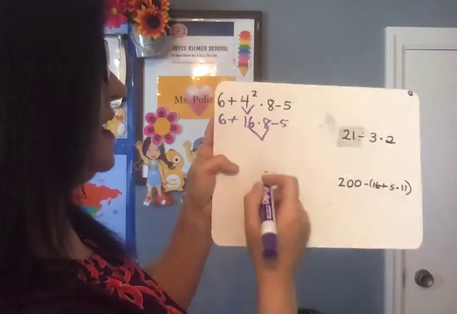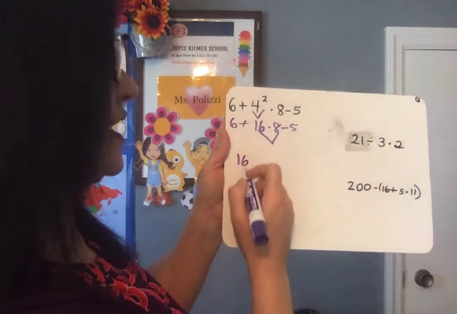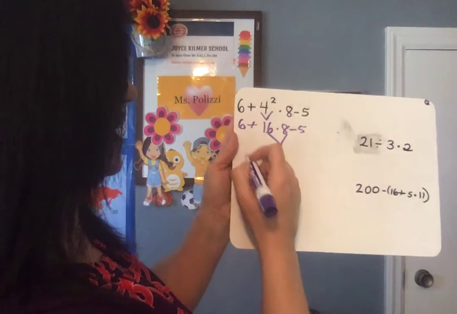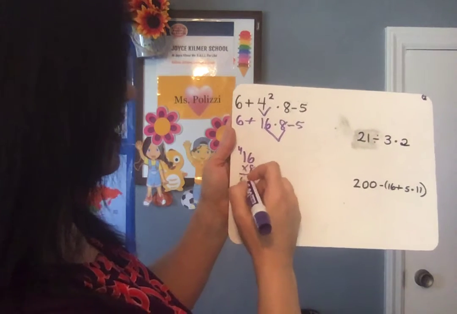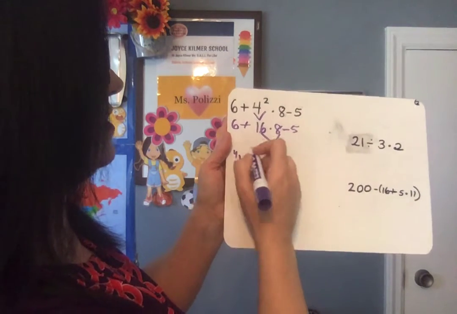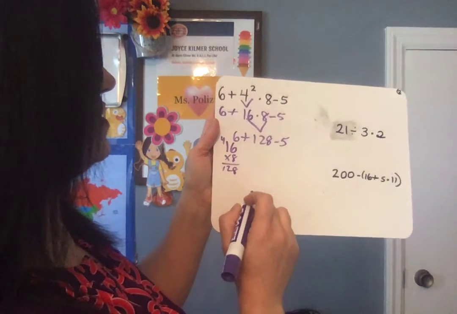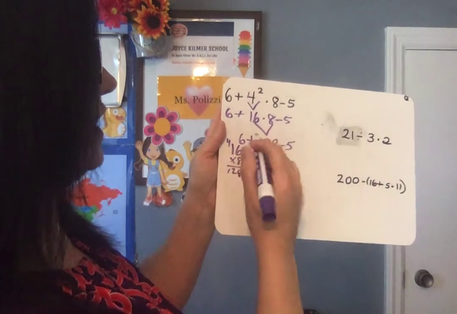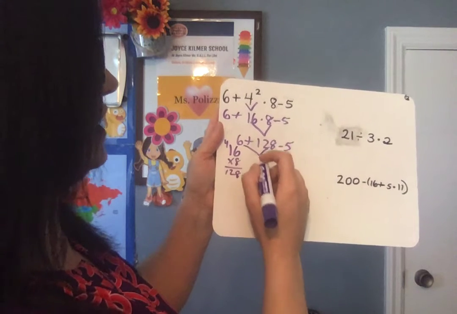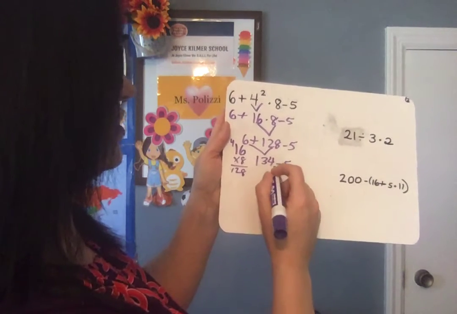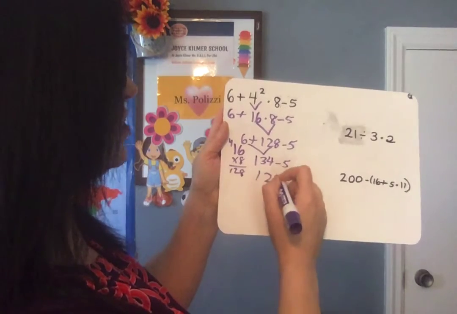Let's solve that right here. 16 times 8. We know that's 48. Bring up your 4, and that's 128. Bring everything else down. Add or subtract, whichever comes first. I have 6 plus 128, which I know is 134. 134 take away 5 is 129.